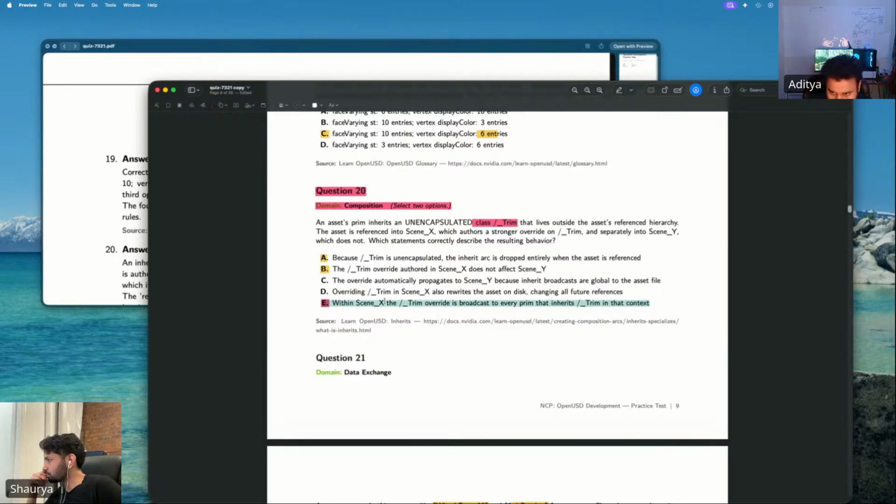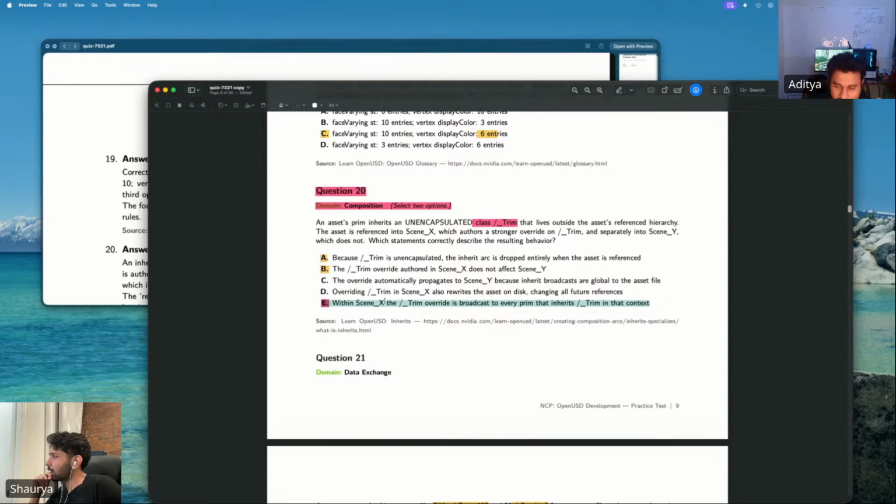So basically what's happening over here is, let's say within the CNX you have any other prim that is trying to inherit that trim asset, the one you have just referenced or inherited. Whenever you do an override on that, it's going to replicate the changes to its descendants.